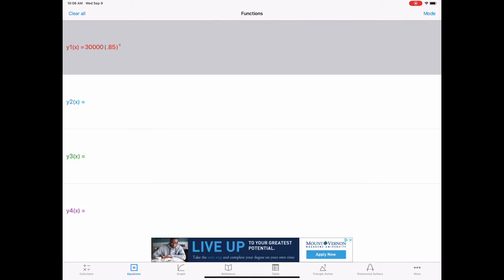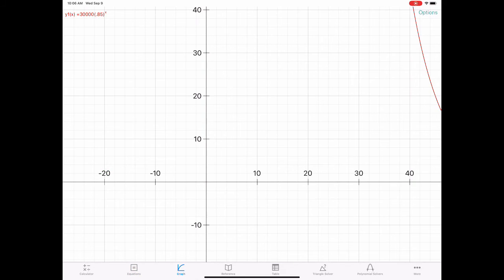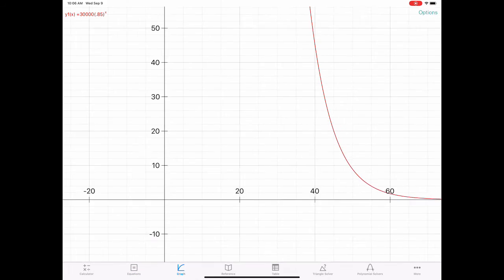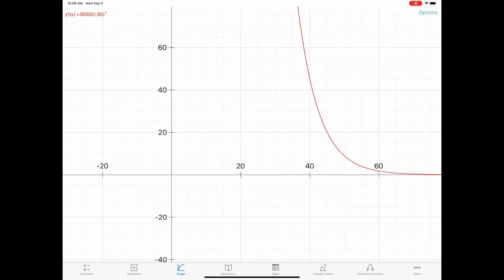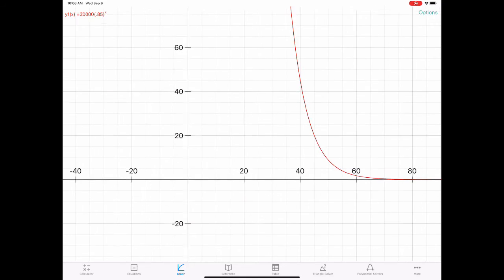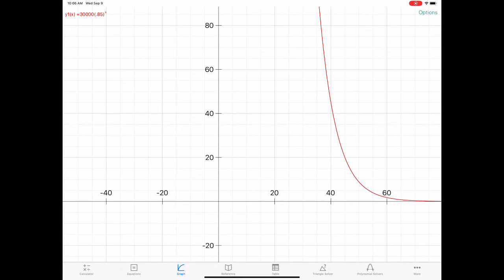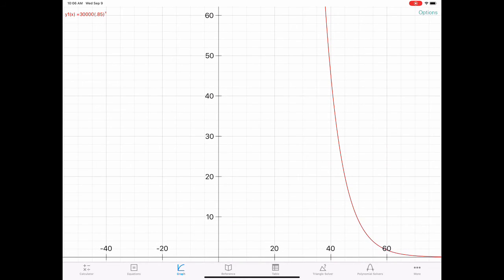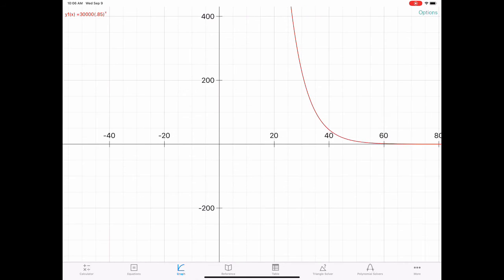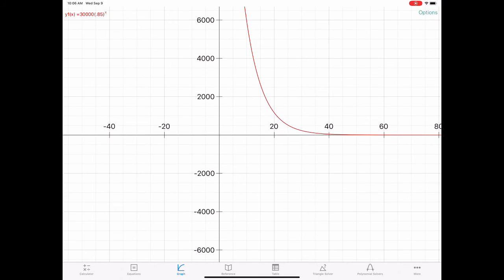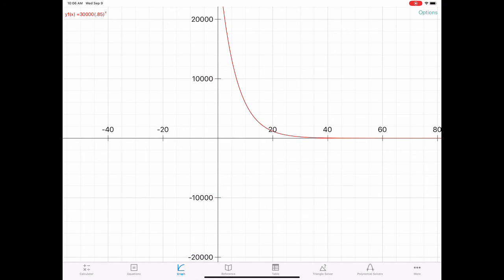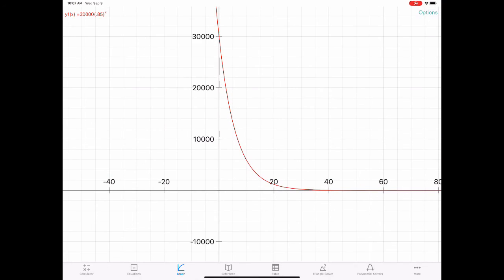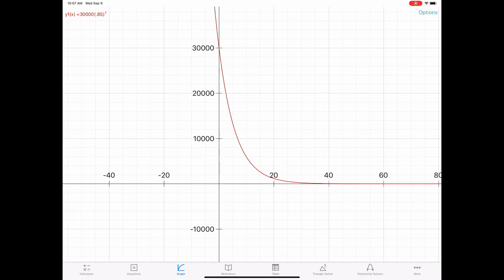Graph it, and since I have to show the first 20 years, which is what the x value indicates, I'm going to have to go up really, really high to find that $30,000 starting point. It's going to cross the y-axis at 30,000. There you go, you can see where it crosses the y-axis at 30,000.